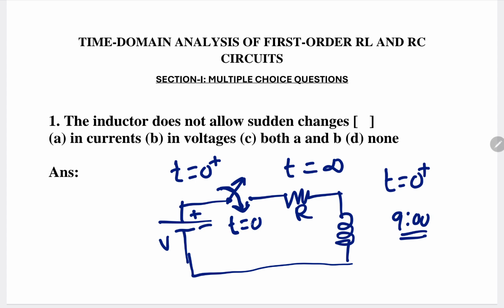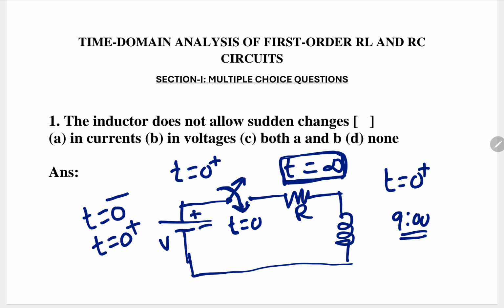In this case, the switch was in the open position before t equal to 0. That means before t equal to 0 is t equal to 0 minus. Immediately after the switching operation means t equal to 0 plus. And after a long time, at steady state, we call this t equal to infinity. T equal to infinity represents the steady state condition.